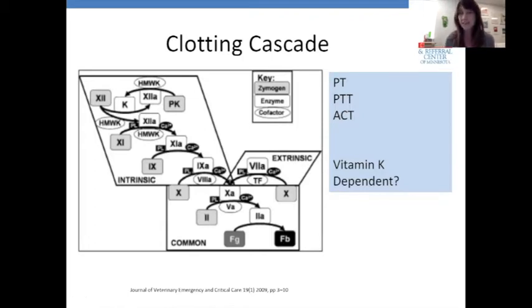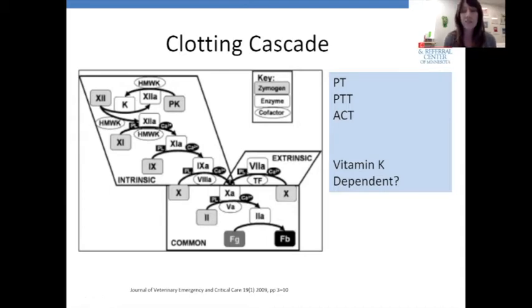These tests are going to evaluate different branches of the clotting cascade. Now, what we do know, and what this also displays to us, is that calcium is absolutely necessary at each step in the clotting cascade model. And that's certainly an absolute necessity.